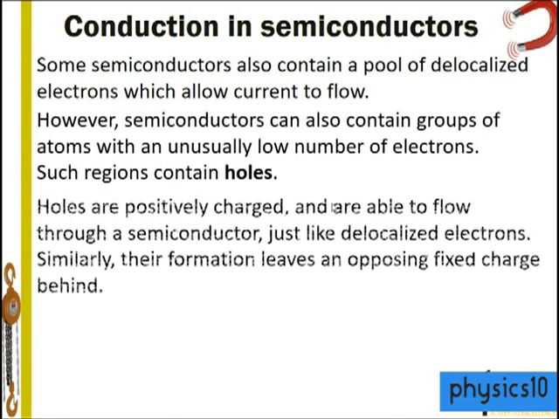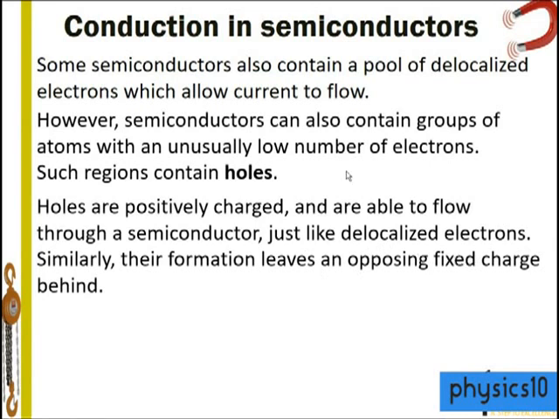Now I'll explain to you what holes are in terms of the significance of them in semiconductors, but essentially holes are positively charged, and they are able to flow through a semiconductor just in the same way that in a conductor or in a metal you have a flow of delocalized electrons.